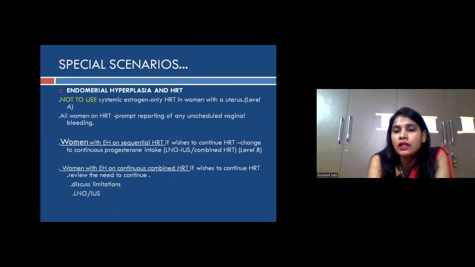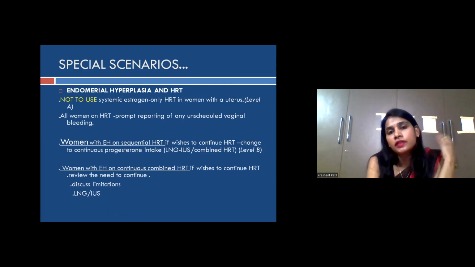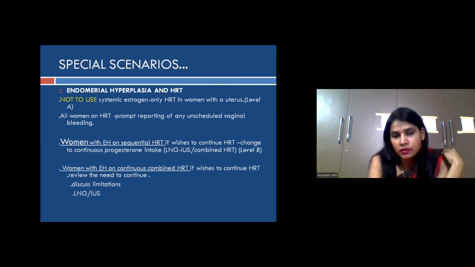It could be LNG-IUS or combined hormone therapy. If she's already on combined hormonal therapy and still wishes to continue, then we have to seriously review the need for her to continue HRT, discuss the limitations of continuing HRT, and give her the options of LNG.